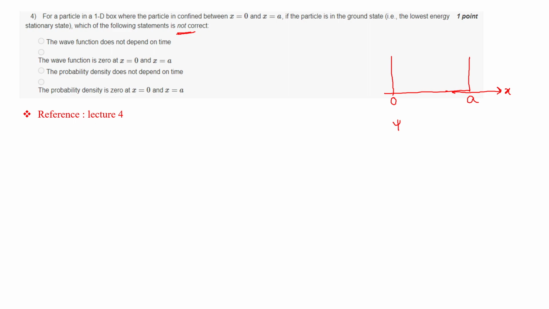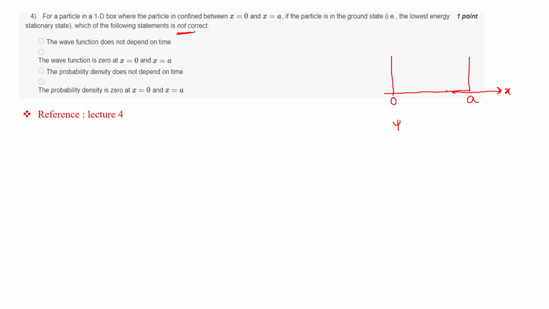But why are the others correct? In this question, all these three are correct, but this one is not correct. Why? This is a brief explanation that you have seen in lecture 4.